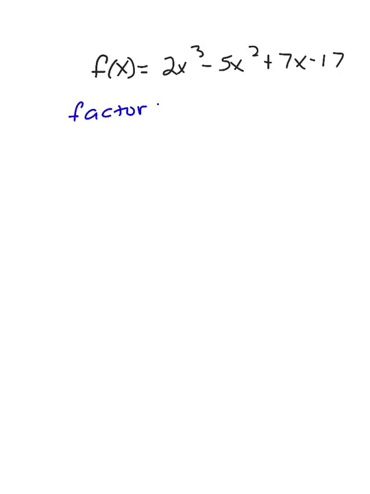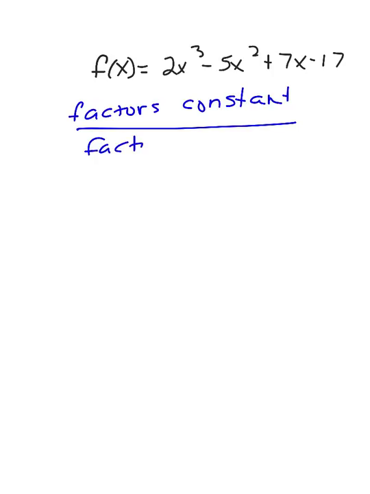All right, so number 4 is to find all possible rational zeros. I have f of x is equal to 2x cubed minus 5x squared plus 7x minus 17. Remember, the possible rational zeros are the factors of your constant divided by the factors of your leading coefficient.